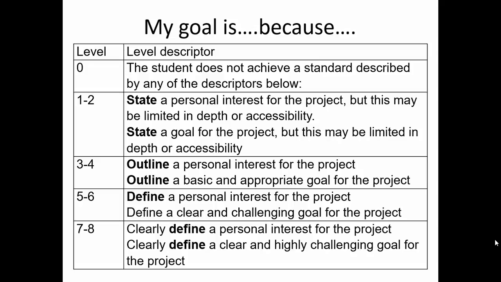So this is you stating your goal and why you've set up this goal, the reasons behind that. And we're really looking for you to have a clearly defined personal interest, and also clearly define that it's a challenging goal. Remember when I said about challenging goals, it often means it has several different descriptive stages.